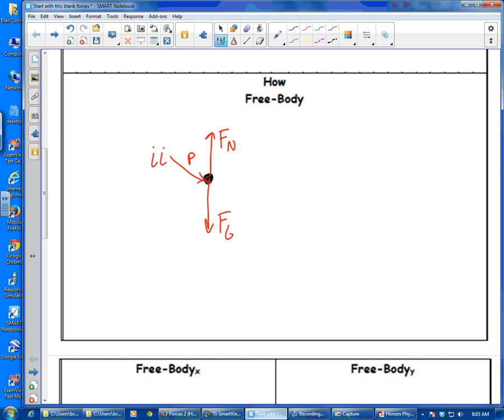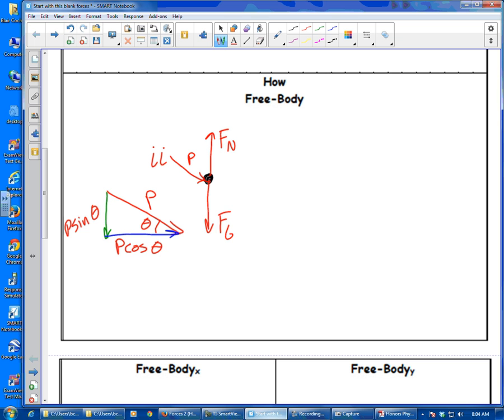So over on the side here, I'm going to deconstruct P into its vertical part, which is downwards, and its horizontal part, which is horizontal. So this side is P cosine theta, and this side is P sine theta. Right? Doing the component part of it. I know my head's probably in the way.